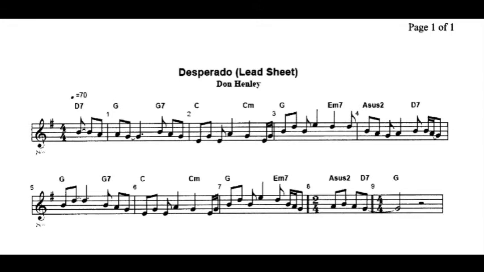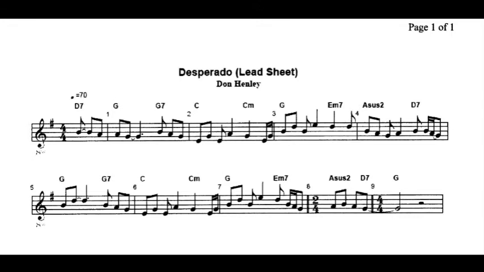What we can gather so far is it's probably in the key of G. We have a G, a C, and a D, which are 1, 4, and 5 of the key of G. The time signature helps, so we know it's in 4/4.